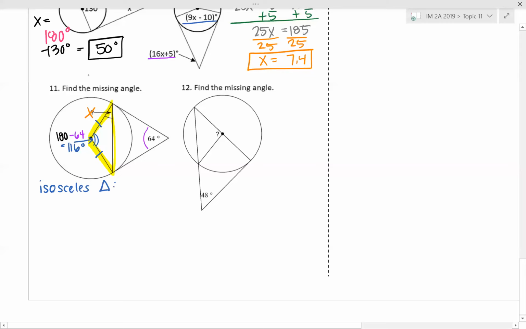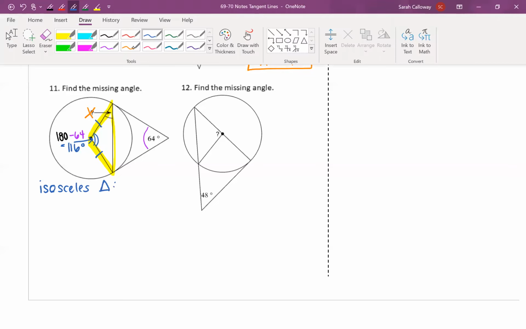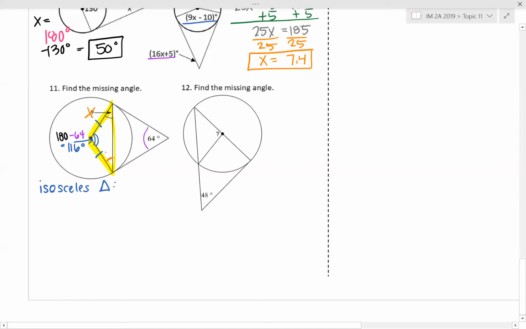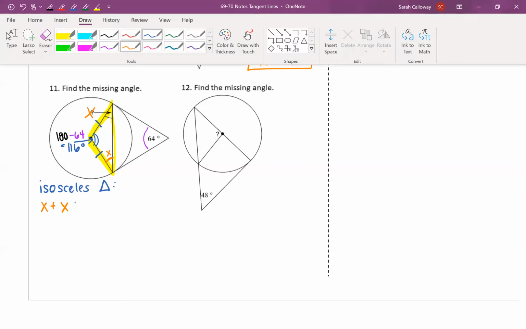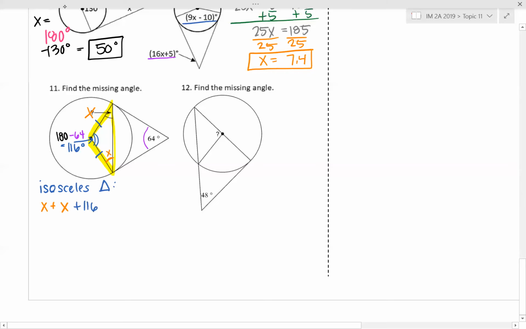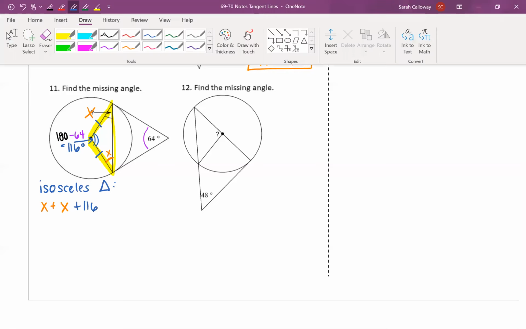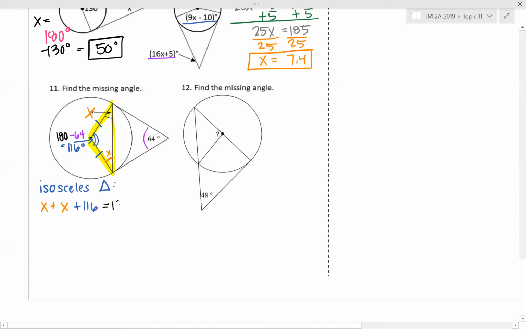And so because that's an isosceles triangle, what I know is that this angle is actually the same. So that means that x plus 116 must be equal to 180 degrees because it's a triangle.